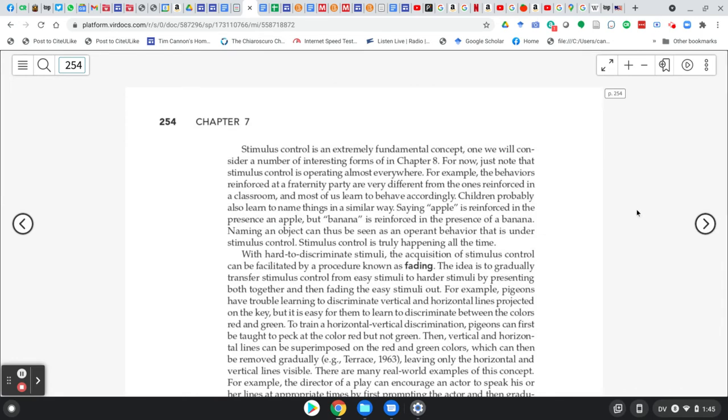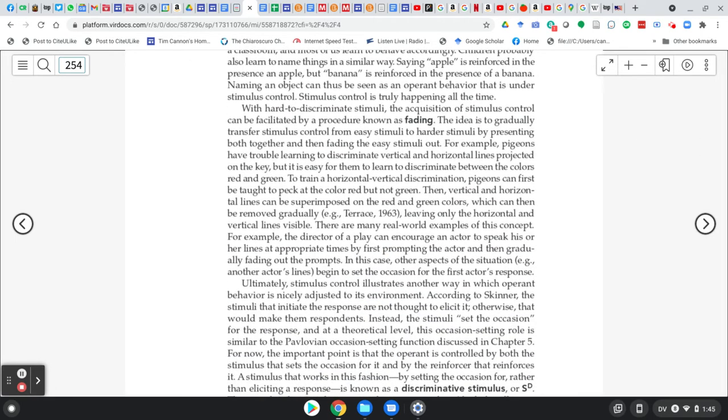The concept of fading. I usually miss this when I gave these lectures live, but Terrace is here, and Terrace is trying to teach, I believe, pigeons, yes, because it's color, horizontal, vertical discrimination, like do one thing to horizontal, do another thing to vertical.